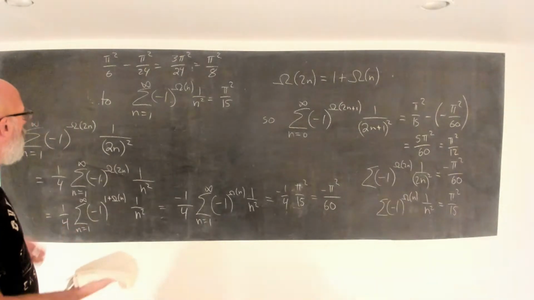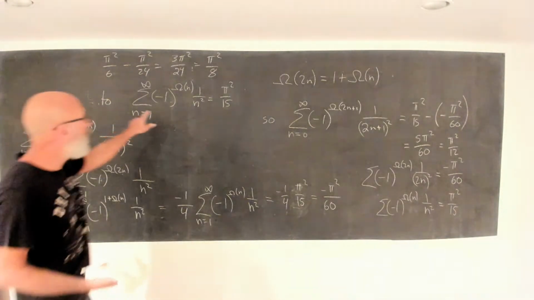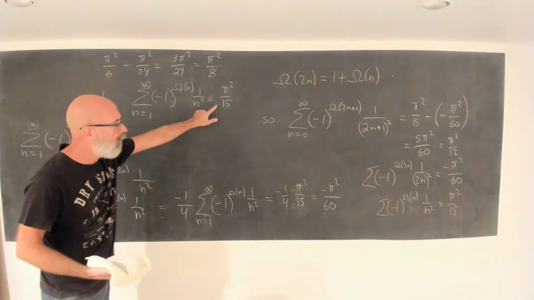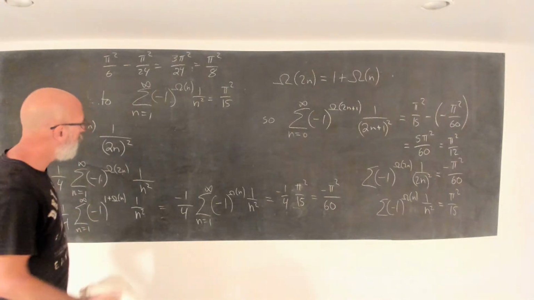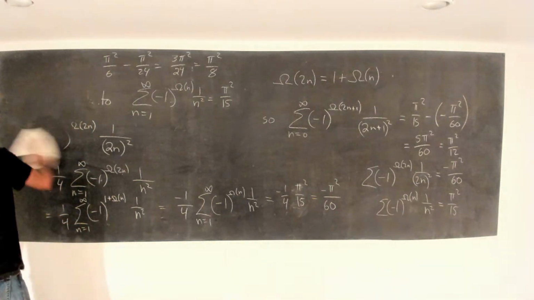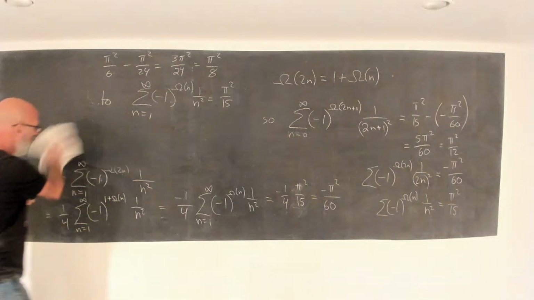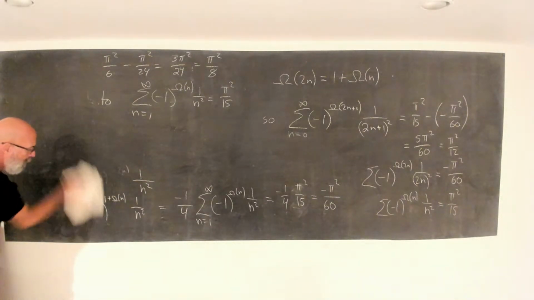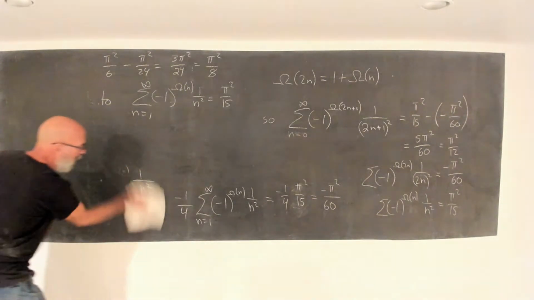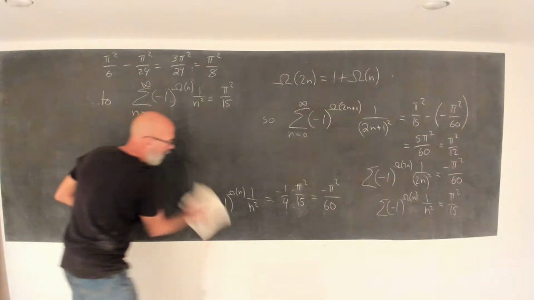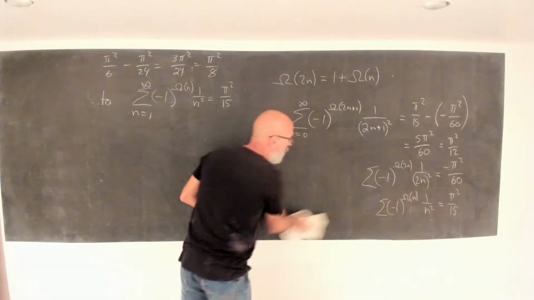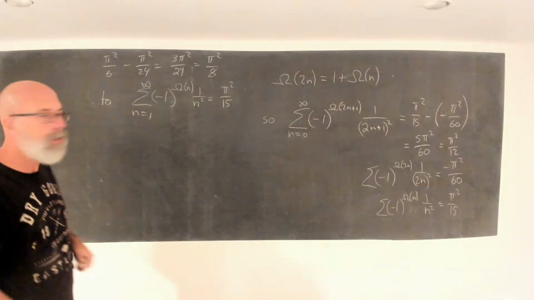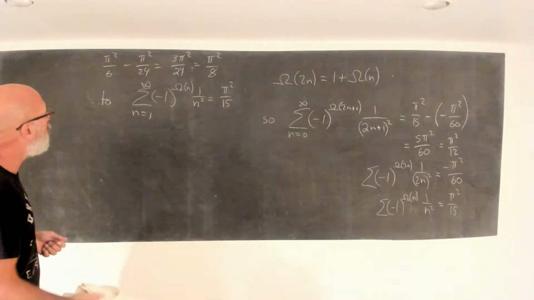That was our original observation, the original sum we were trying to find. And then from that, we applied the trick for the 1 over the even squared, and it turned out to give us some results there.